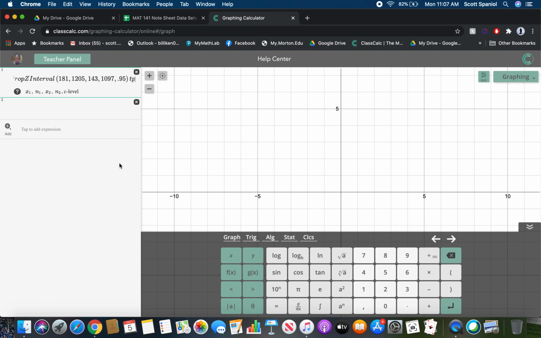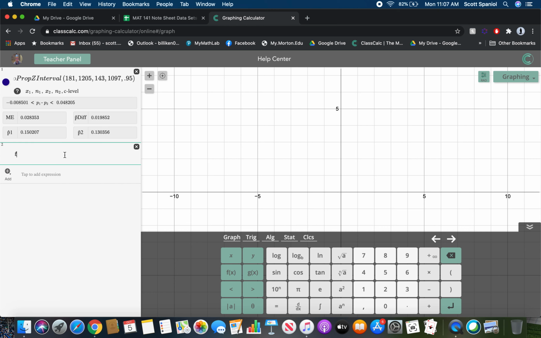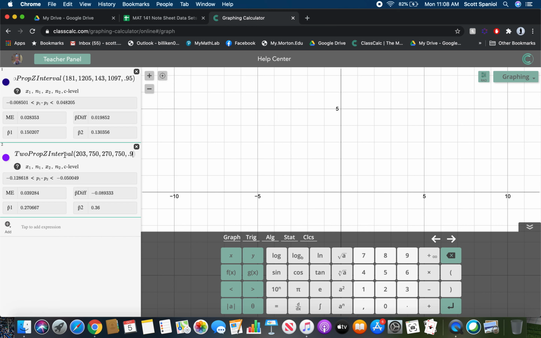So we want to do a 2-PropZInt. So 2-PropZInt, and then we had 203 out of 750 for our first group, 270 out of 750 for our second group, and 0.9 as our confidence level. So our confidence interval in this case is negative 0.129 to negative 0.050.